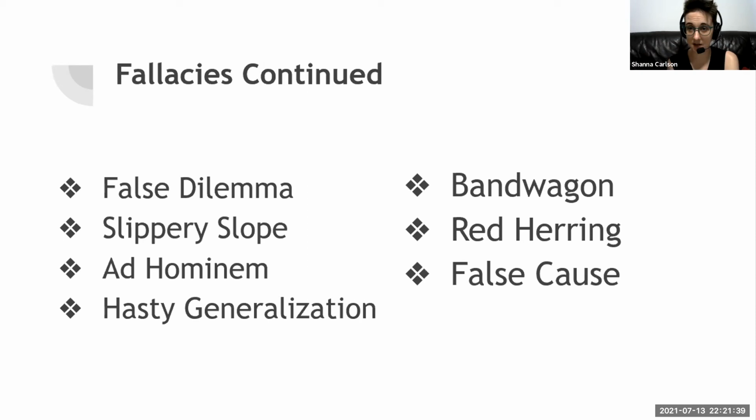Correlation does not equal causation means just because two things happen at the same time does not mean one thing caused the other thing to happen. Yes, you have to make sure that A causes B.